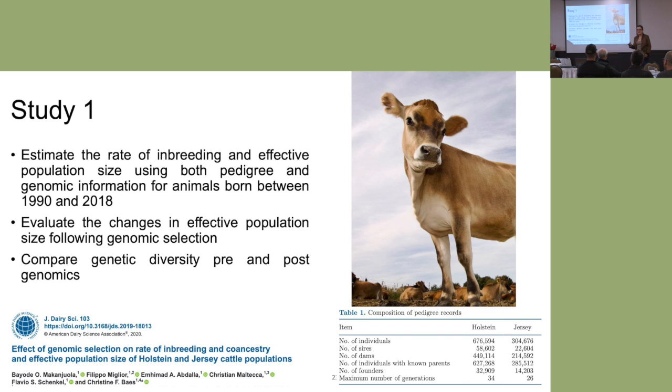We went back 34 generations for Holsteins and 26 generations for Jerseys. For Jerseys, we had about 22,000 sires, 214,000 dams, and a pretty good pedigree completion index. We had 285,000 animals with known parents. So this is a subset of the Jersey population in Canada, only animals that are genotyped.